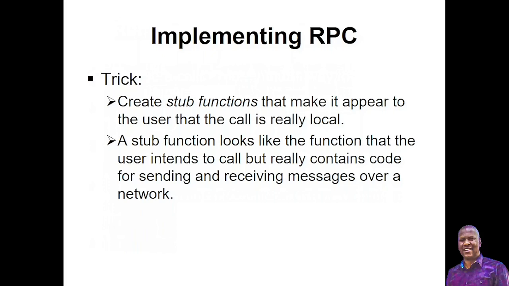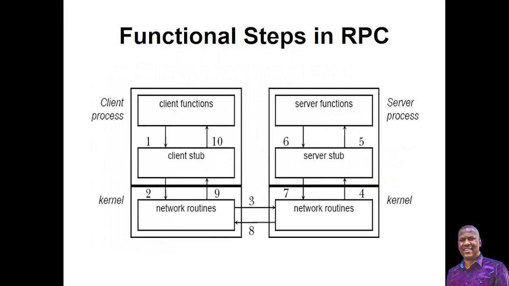Remember the concept of localizing these operations. A stub function looks like the function that the user intends to call, but really contains code for sending and receiving messages over a network. So it's a good way to implement this kind of remote communication between the two processes.